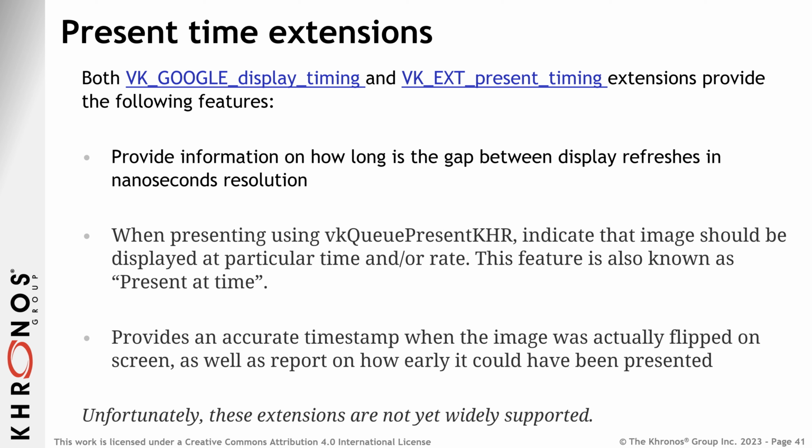Unfortunately, not all devices support VK Google Display Timing extension, and VK EXT Present Timing is still under development. Please help encouraging the developers of VK EXT Present Timing extensions to release it soon, since the display timing is an essential feature for delivering good quality video application solutions.